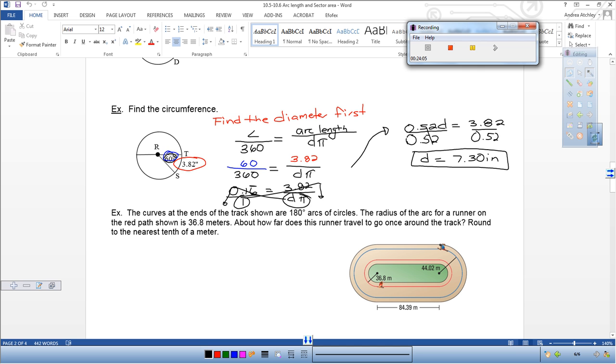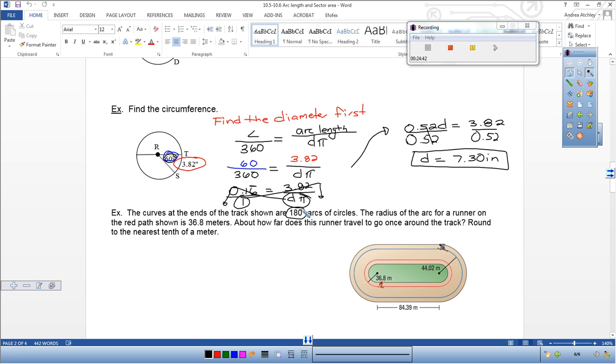Okay, so you round it, right or no? Track. You have arc length. So here's how you find the length. The curves at the end of the track are shown as 180 degrees of a circle. So it's basically this curve, the central angle is 180 degrees.